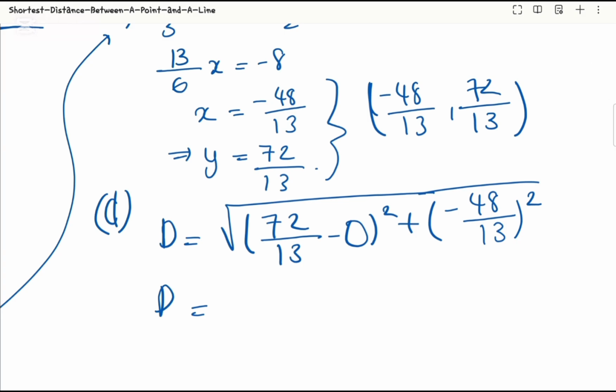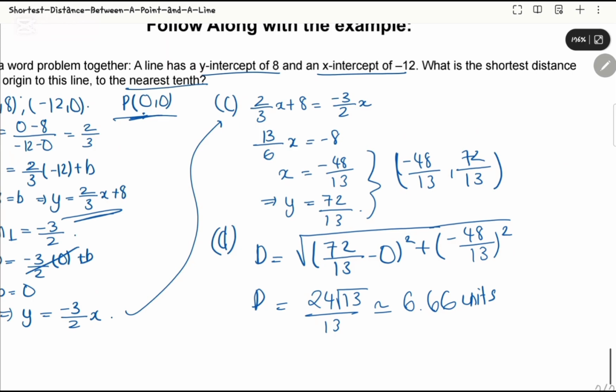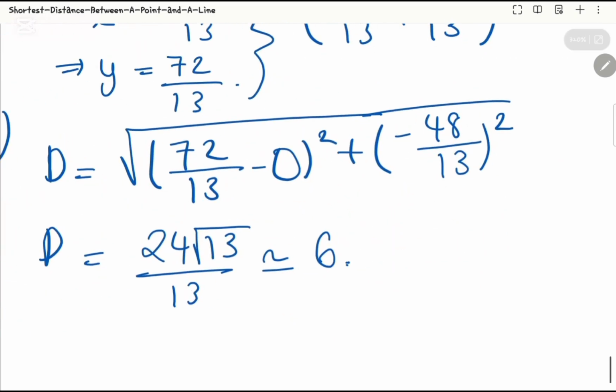Alright, that's 24 over 13, which is going to be around 6.67. No, 6.666 units. What does it say? Nearest tenth, so one decimal, so 6.6. No, 7 units.